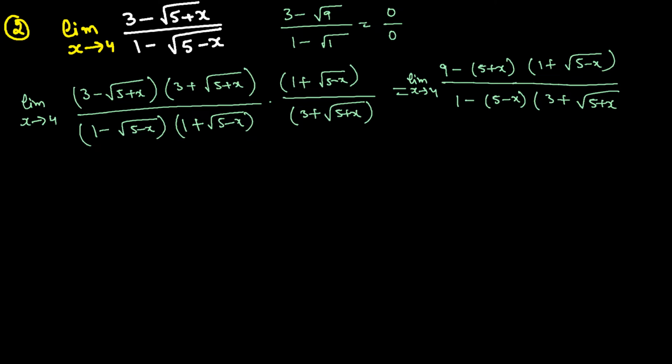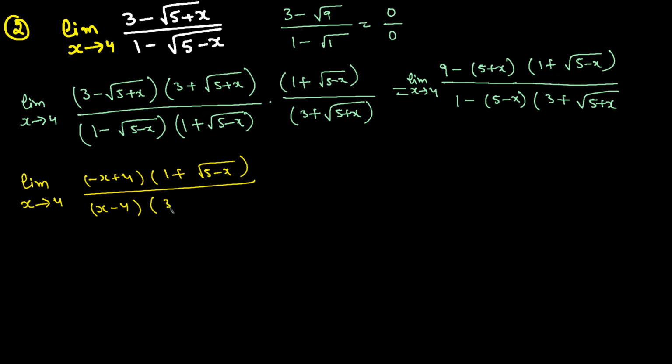Let's simplify it and see what we get. So limit x approaches 4. I get 9 minus 5 minus x, so 9 minus 5 gives me 4. So I get negative x plus 4 times 1 plus root of 5 minus x. And over here I have 1 minus 5 plus x, so basically I get x minus 4 over here. Okay, and 3 plus root of 5 plus x.